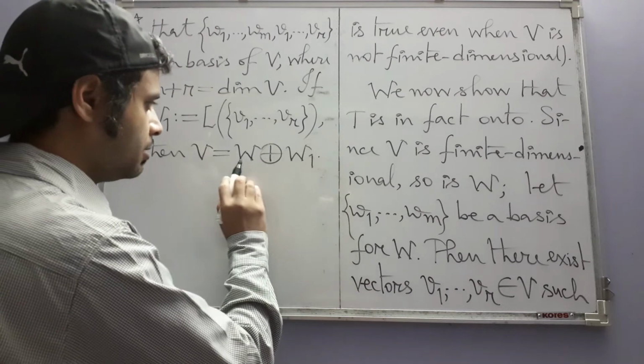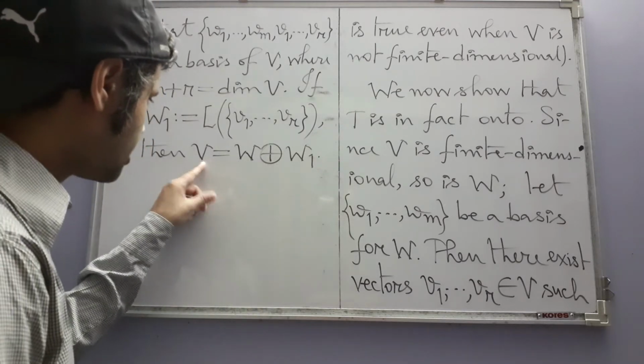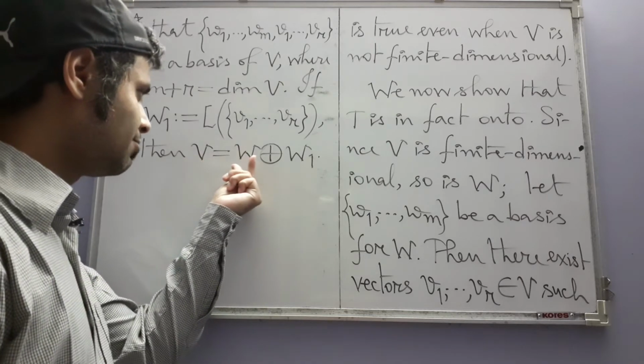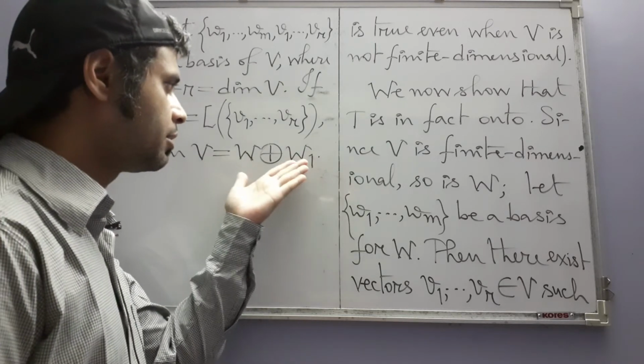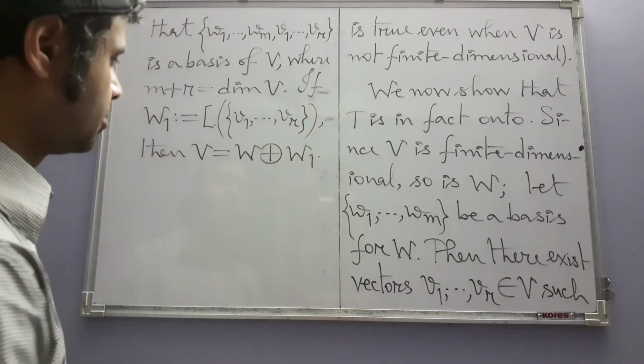And because of the directness of this sum, whenever you express any vector in V as a vector in W plus a vector in W1, that expression is unique. There is only one such expression.